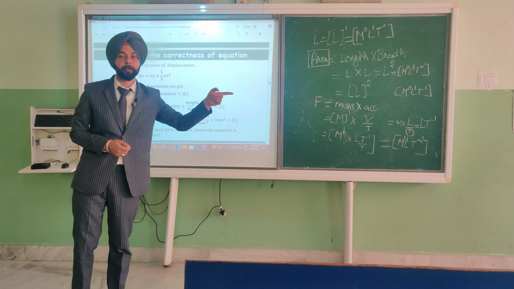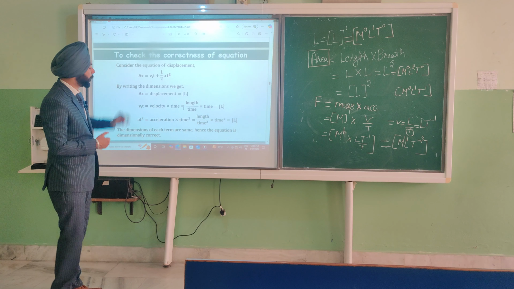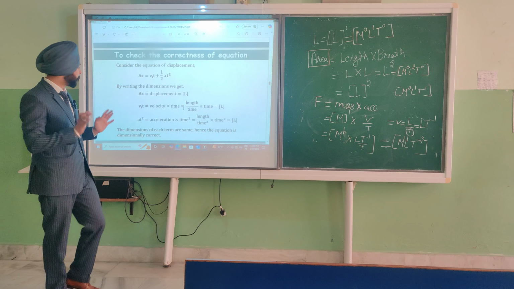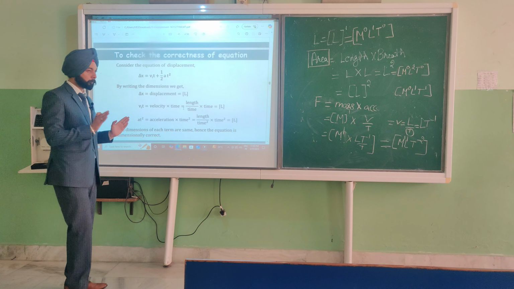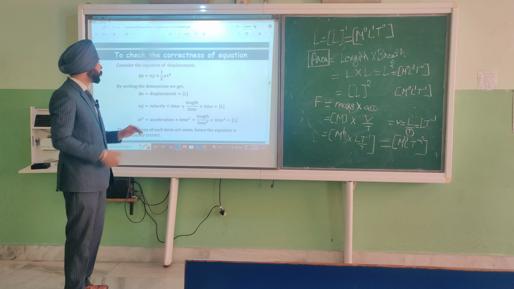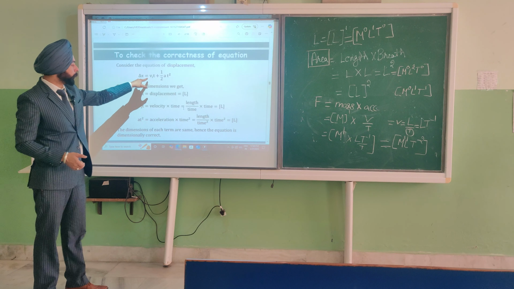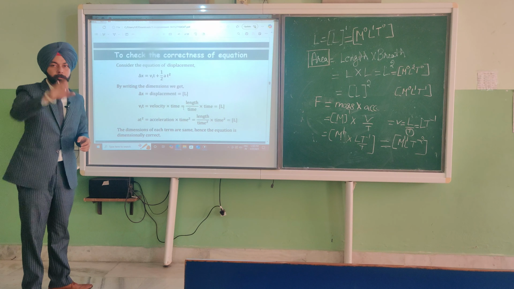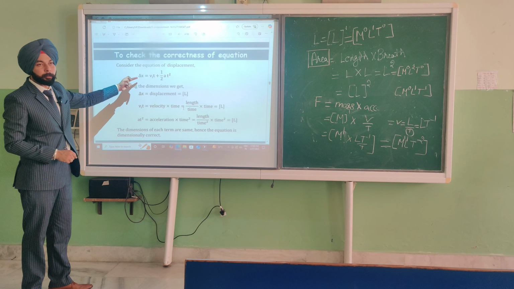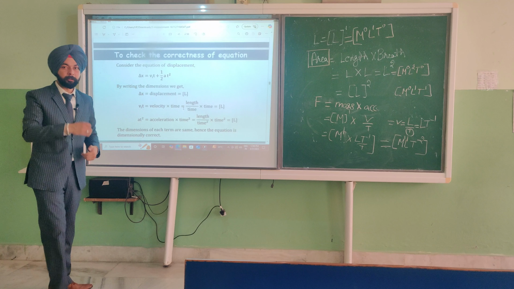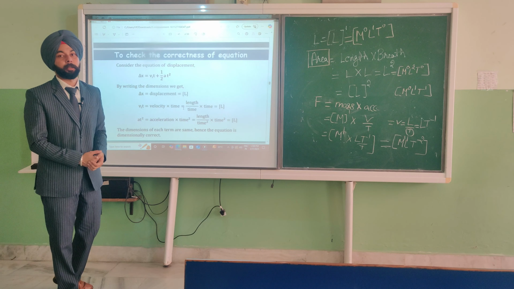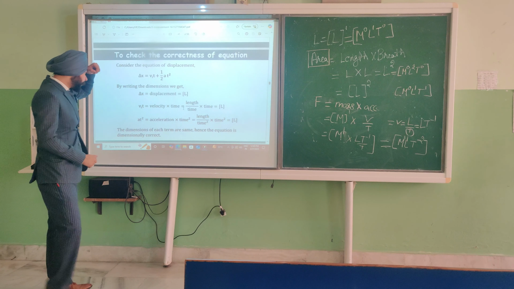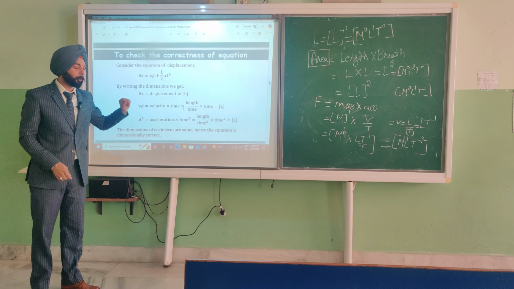We had already discussed it. If you have confusion, you can check from the 9th grade. But according to this slide and your standard, we can take delta x in place of S. S means displacement, sorry, not distance.